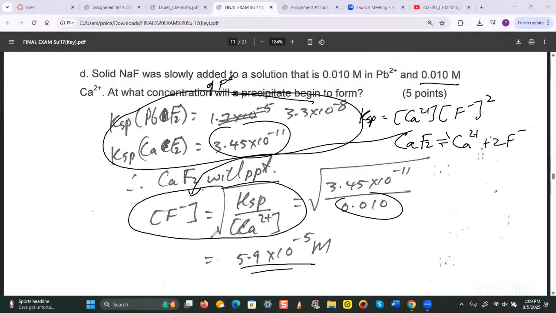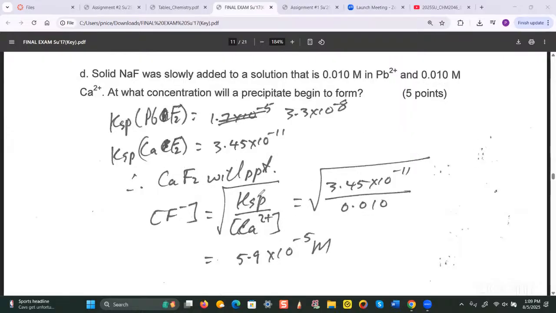I don't remember exactly what the compound was. Was it lead-2 iodide? If I remember correctly, it was PbI2, which will dissociate to form Pb2+ and 2I-.